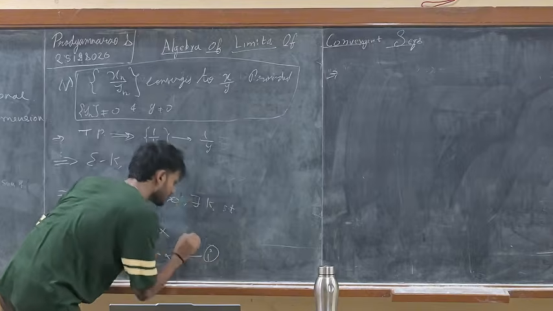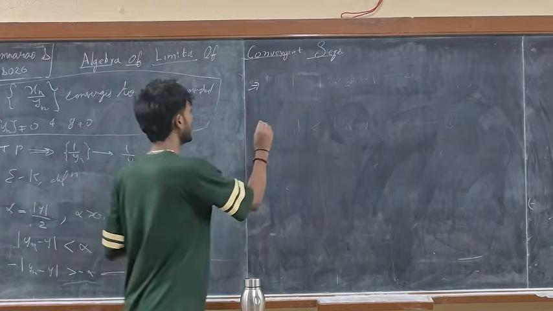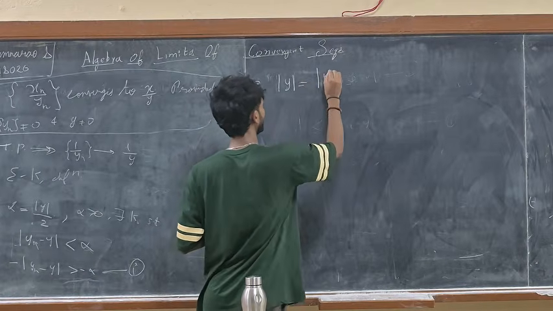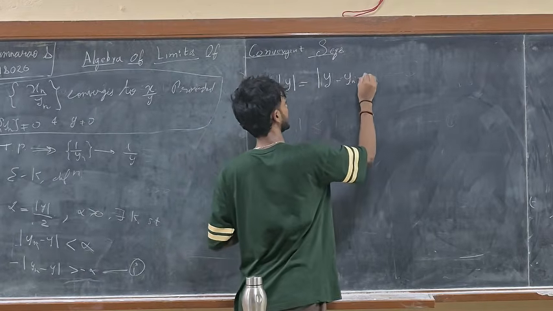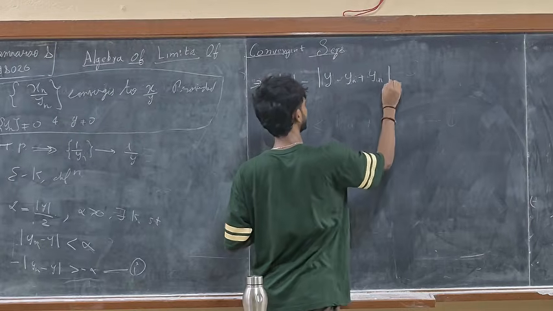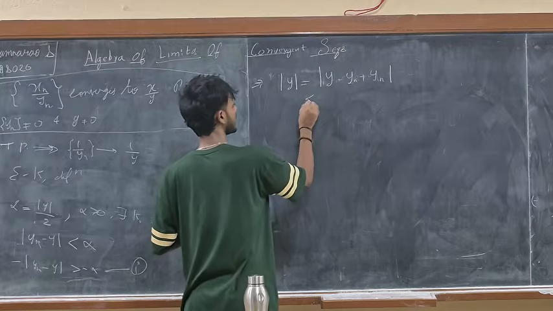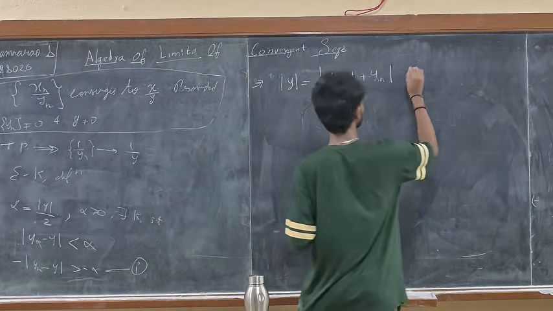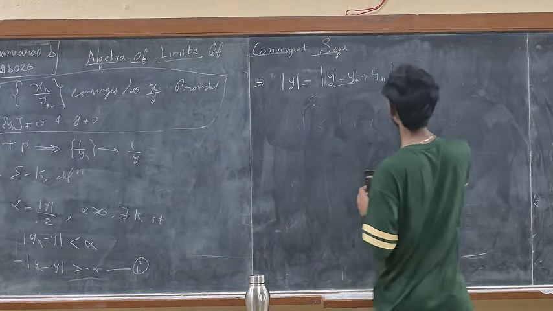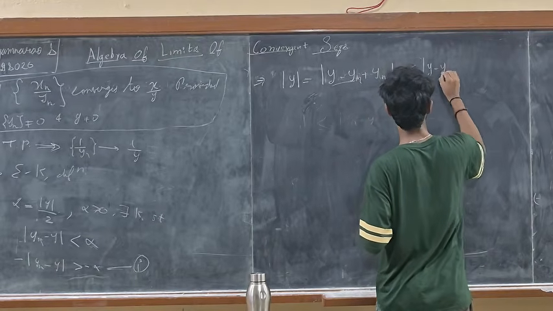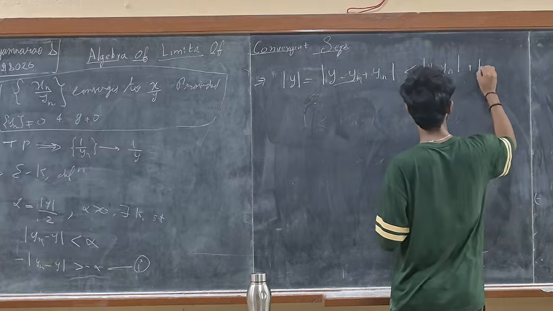Call this equation 1. After this, I can write y as y minus y_n plus y_n, and by the triangle inequality I can write the same equation by clubbing these two terms.